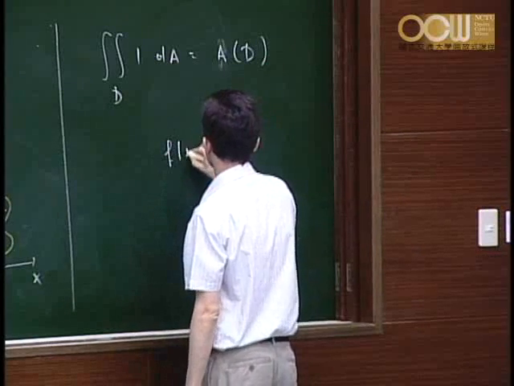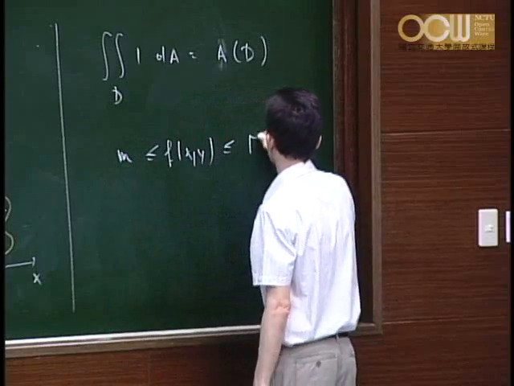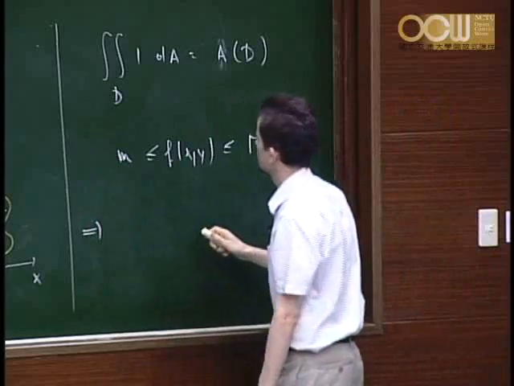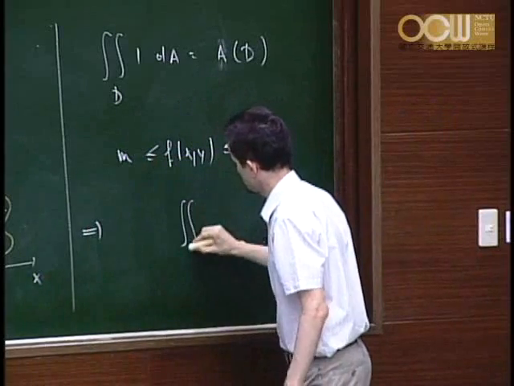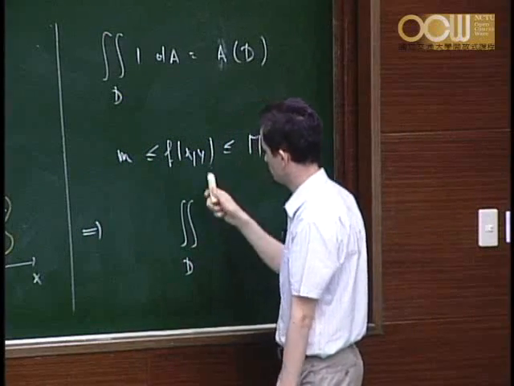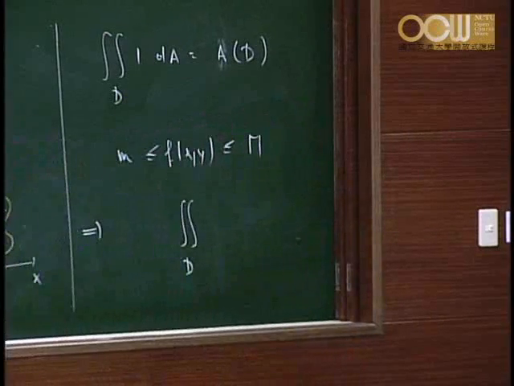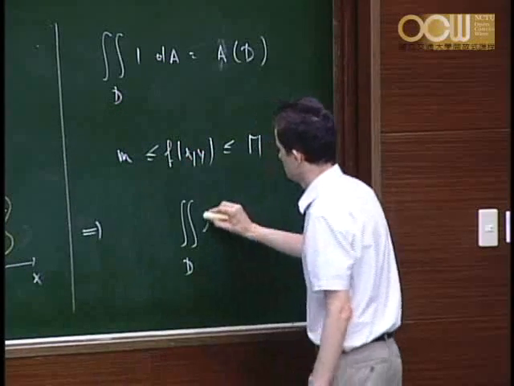Also this is an easy property. If you know that your function is bounded from below by m and bounded from above by a capital M, then this follows from this property. And if you have two functions f and g, with f smaller or equal than g, then the integral over f is smaller or equal than the integral over g.